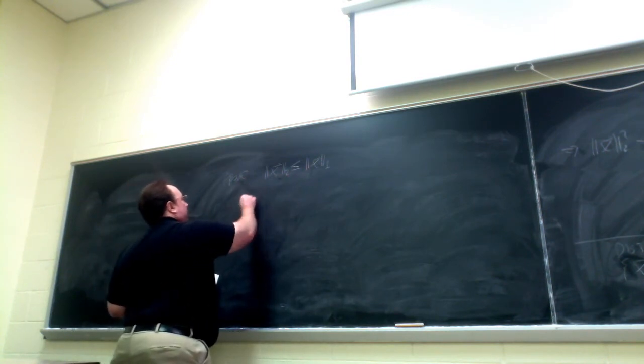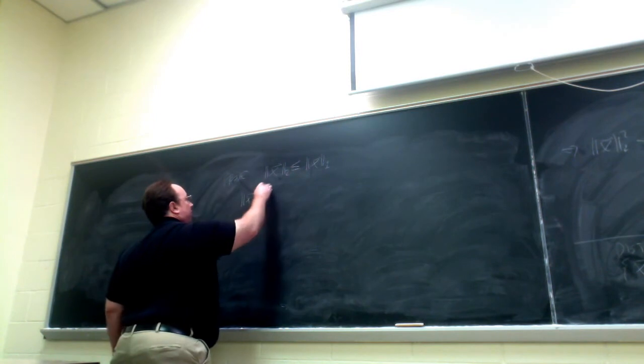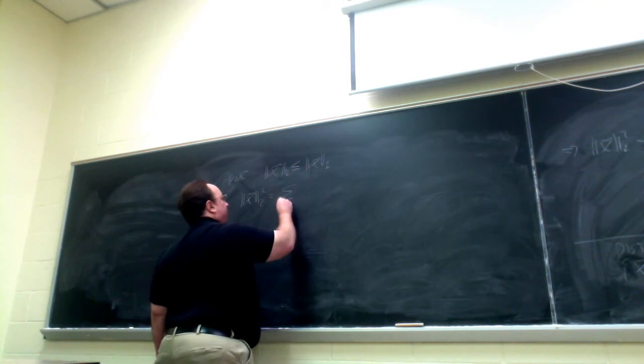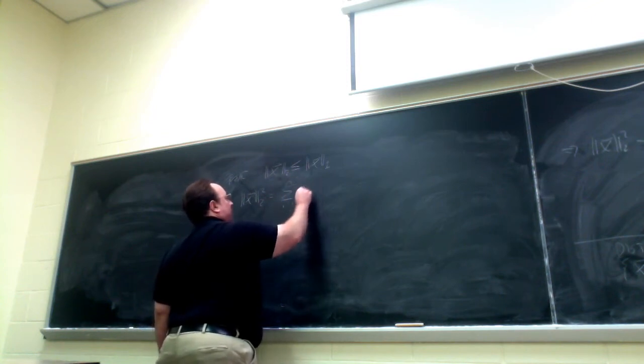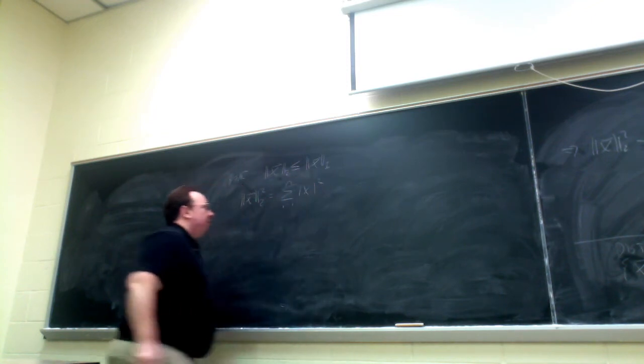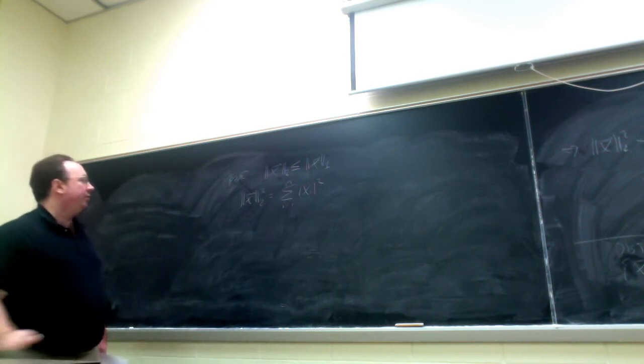Now, it's helpful to look at these norms squared, because the 2 norm squared is the sum of squares for all components.